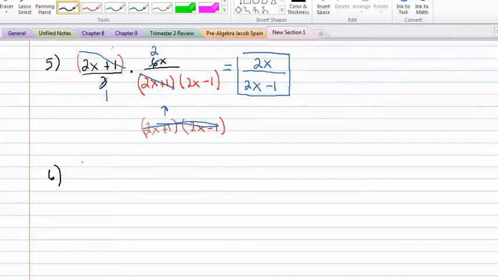Okay, 6 is, we've got x minus 2 over 8x times negative 8x minus 16, all over x squared minus 4.